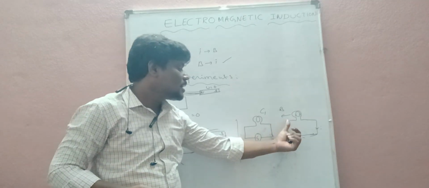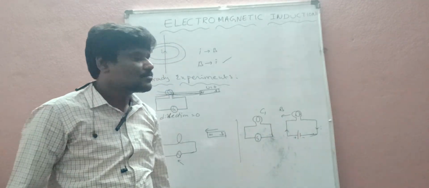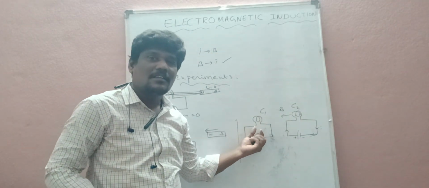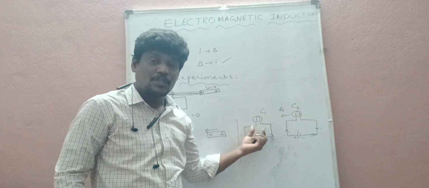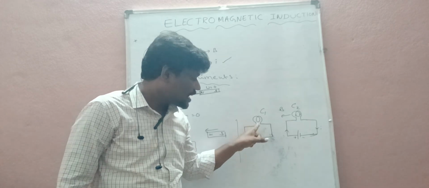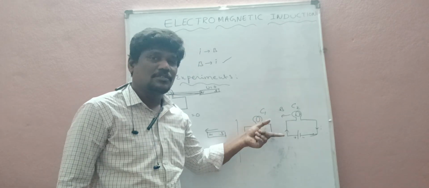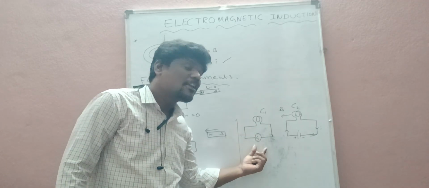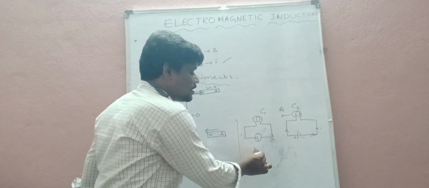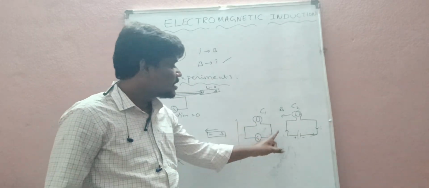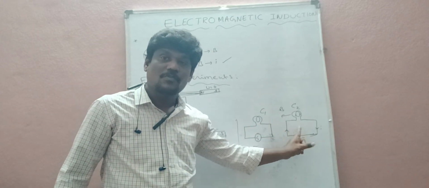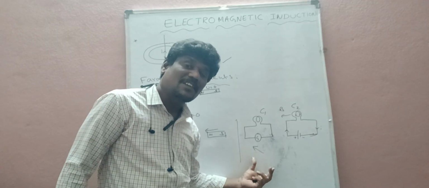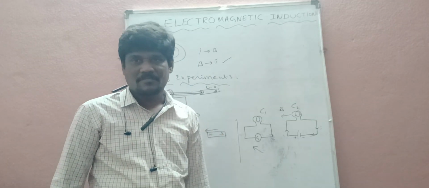When the coil C2 is moving towards C1, what happens? The magnetic field linked with C1 increases. Due to the increase in magnetic flux, current is induced in C1. Due to the induced current, the galvanometer shows the deflection in this direction. When C2 is moving away from C1, the galvanometer shows deflection on the opposite side.